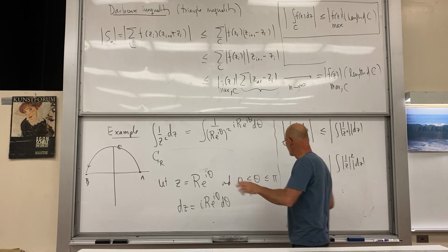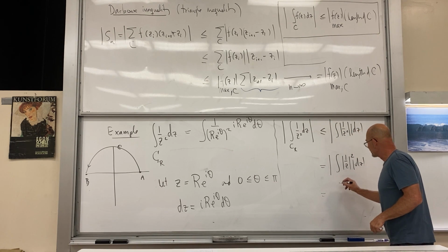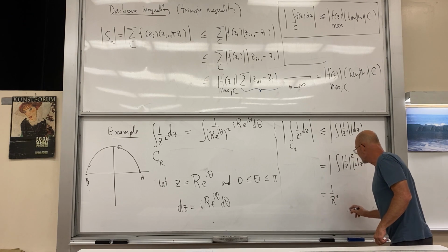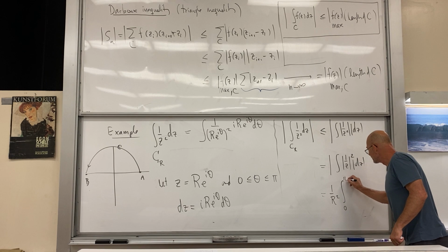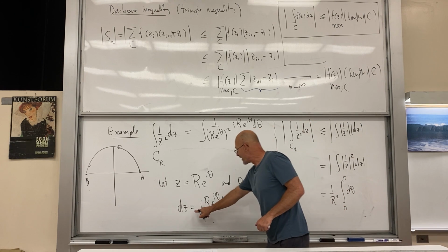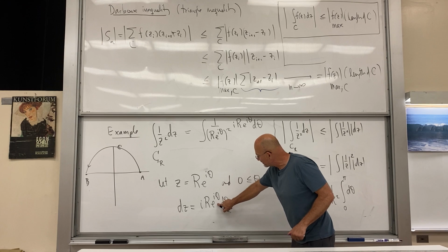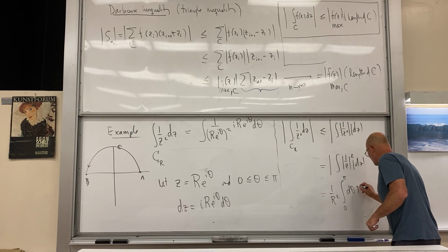Okay. I want to write that down separately. That's so important. So what we end up with is 1 over r squared, and then we're integrating from 0 to pi. We've got d theta, and the magnitude of this, again, the i magnitude is 1, the magnitude of e to the i theta is 1, so it's just r.